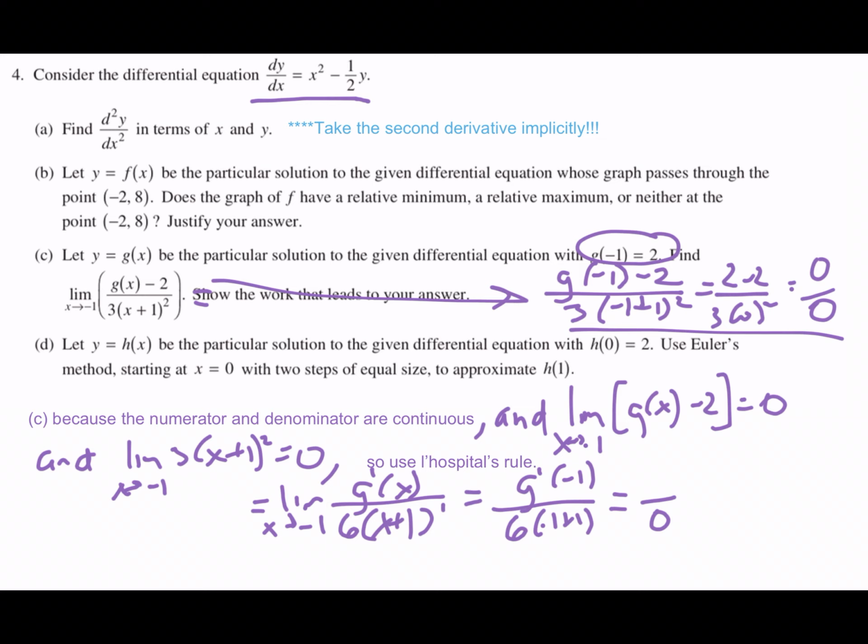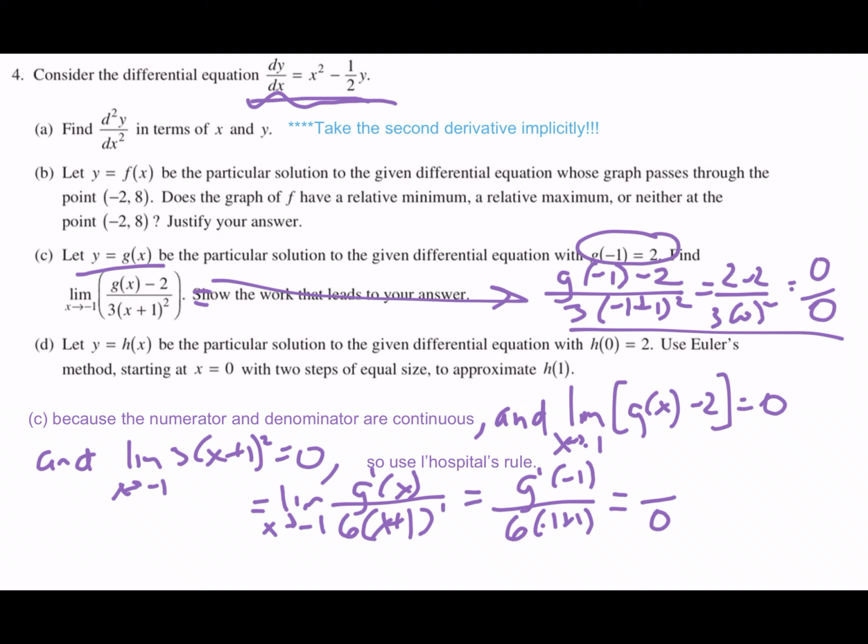Okay, so g prime of -1, I'm going to calculate by going back up to what g prime is. G prime is dy dx, okay? Because y equals g of x is a particular solution to this right now. And so I have the point -1, 2.